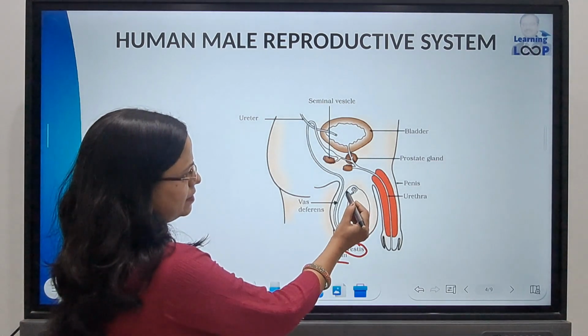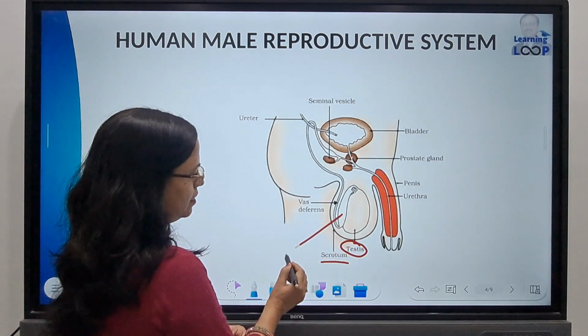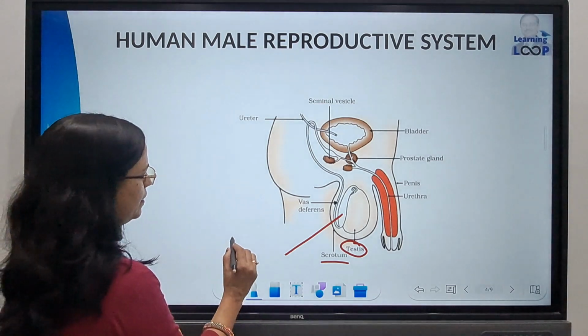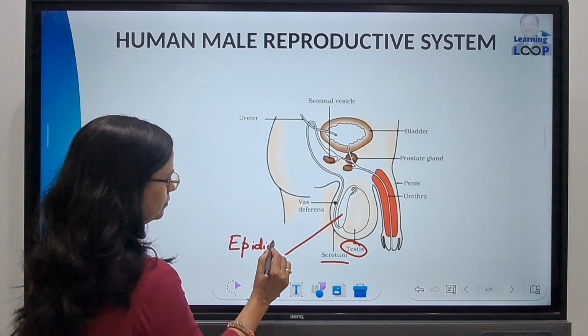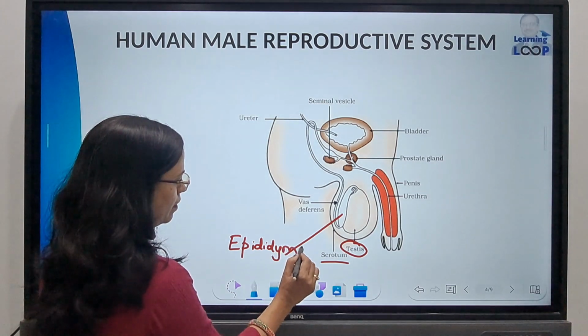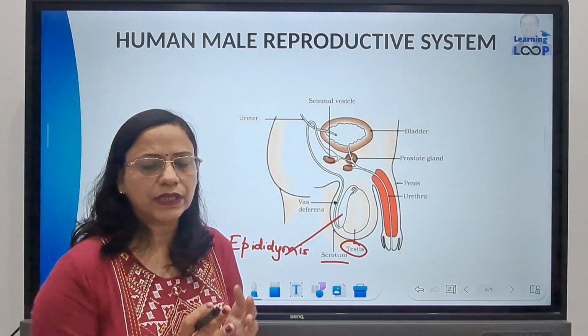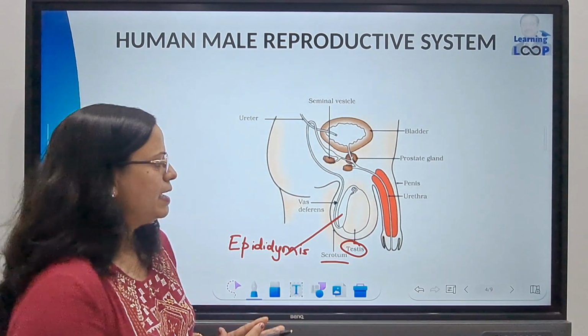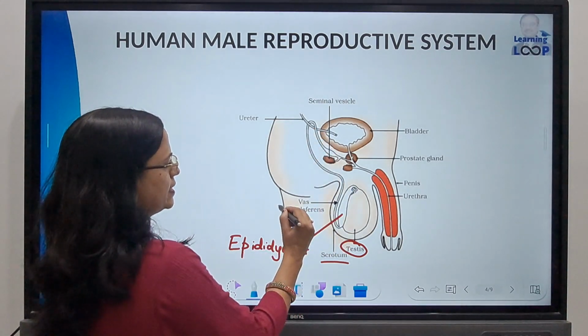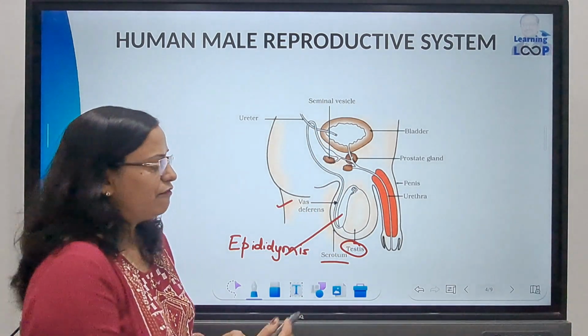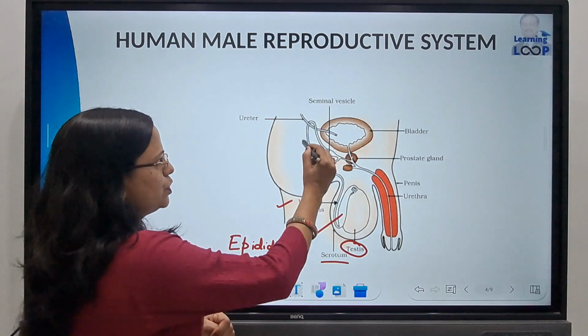Then this structure on the side is known as the epididymis. It helps to store the sperms for some time, and then this tube-like structure that you can see over here is the vas deferens, which carries the sperms to the outside.